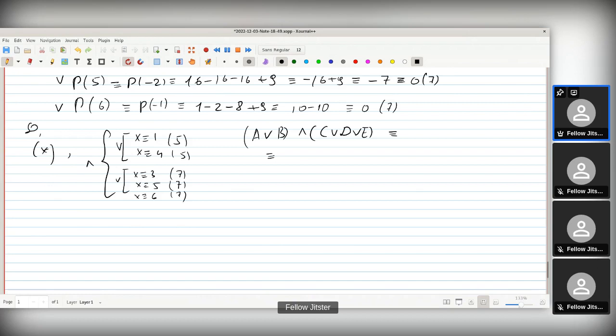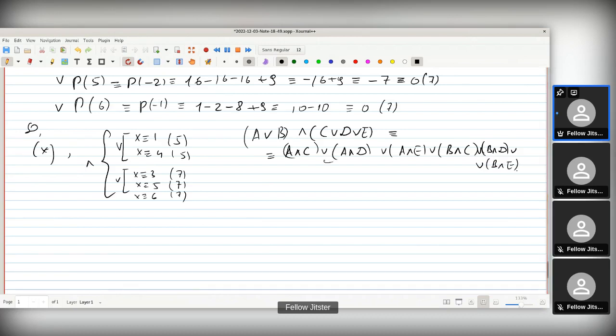How? A and C, or A and D, A and E, and so on, or B and C, B and D, B and E. So how many of them? 6. 3 multiplied by 2.